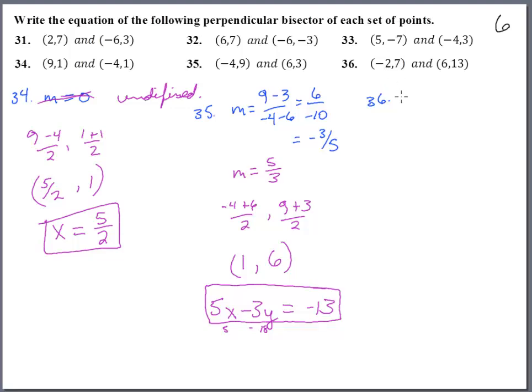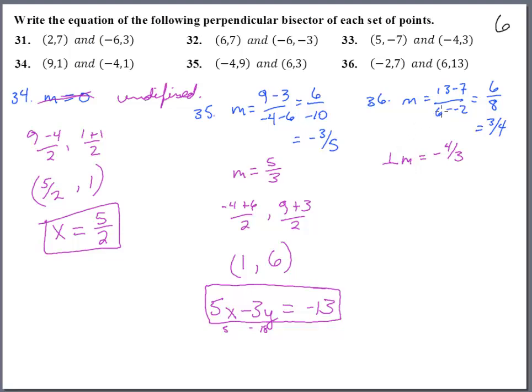The slope between these two is 13 minus 7 over 6 minus minus 2. So that is 6 over 8, 3/4. The perpendicular slope of that is going to be negative 4/3.